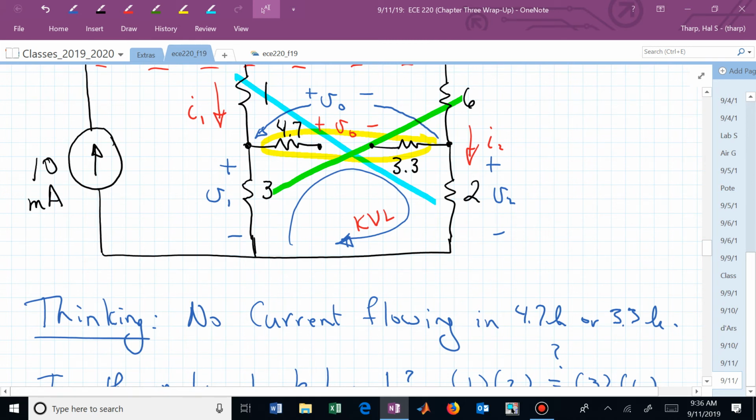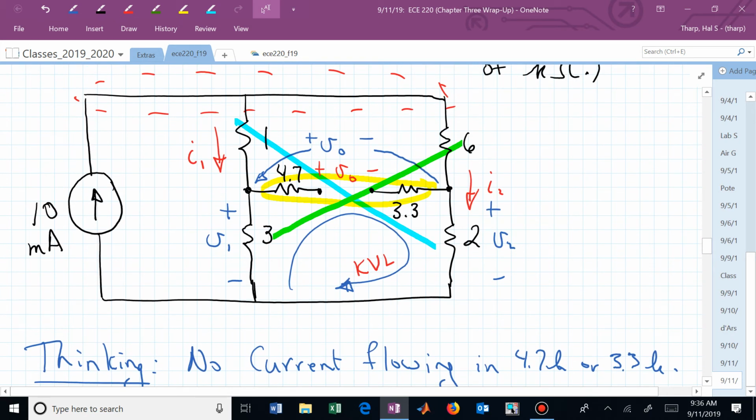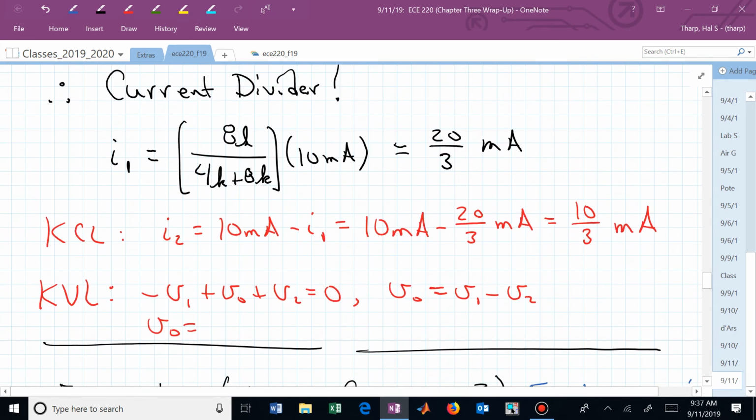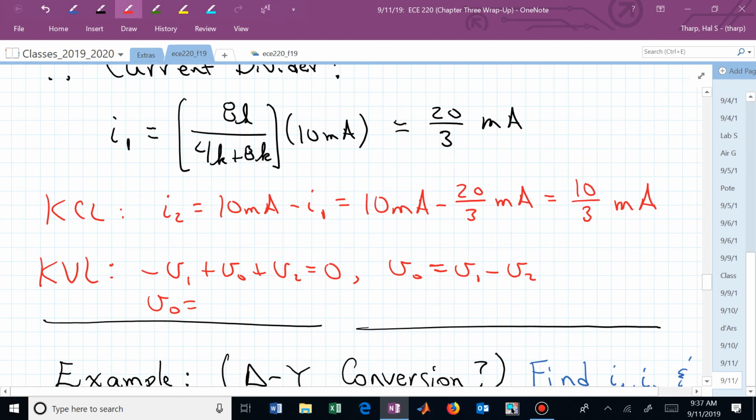What's V1, with the variables that are on the screen? Ohm's law. It's 3K times I1, which is in milliamps. So this is now 3K times I1, which is 20 over 3. So this is now 3 times 20 over 3. And now the M and the K cancel, so I'm not going to write the K. I'm not going to write the M either.